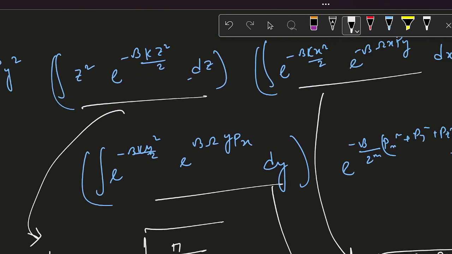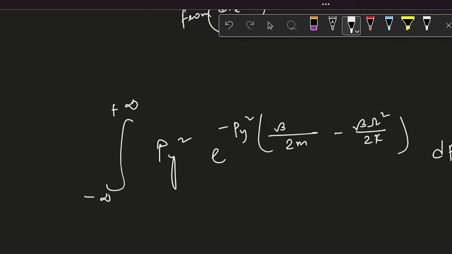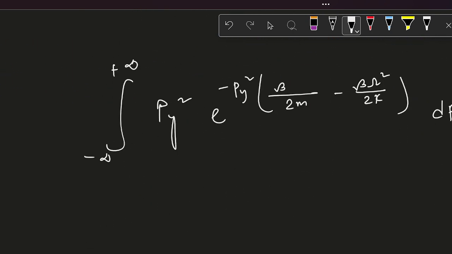So let us again solve it, right? Not leave any confusion, because this has this whole thing as constant and py. So no, this is not exactly the same. I was wrong, because this has this constant outside, and you can just have a standard Gaussian form as 1 by 2 times the constant, which is β by twice m minus β ω squared by twice k.